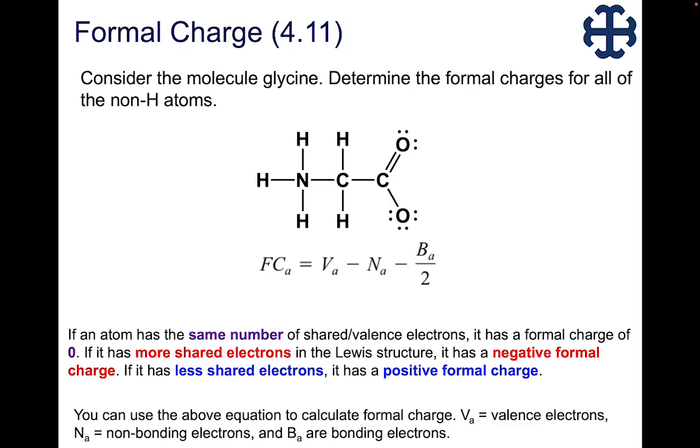With regards to polarity, we also have formal charges. This was the formula for formal charges. Key things to remember: if an atom has the same number of shared valence electrons as it normally has, then it will have a formal charge of 0. I will tell you, in this class, carbon is always going to have a formal charge of 0.